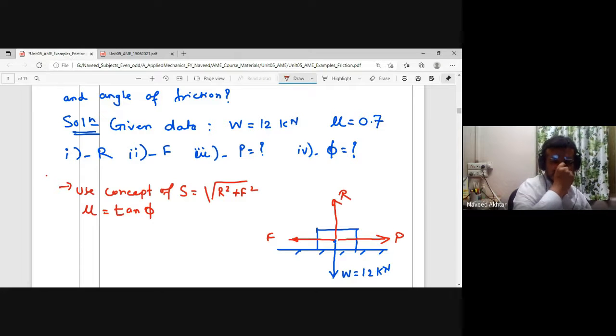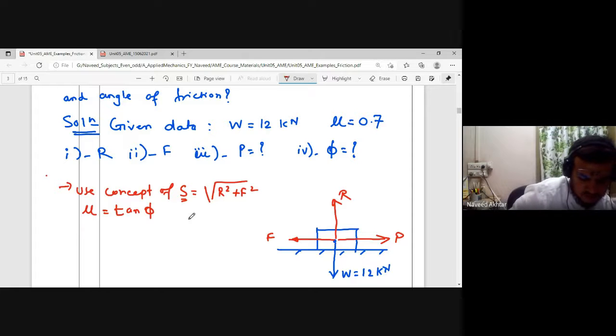This is the concept, you can use that. This is the resultant of friction.